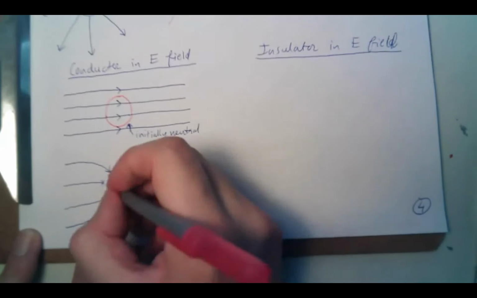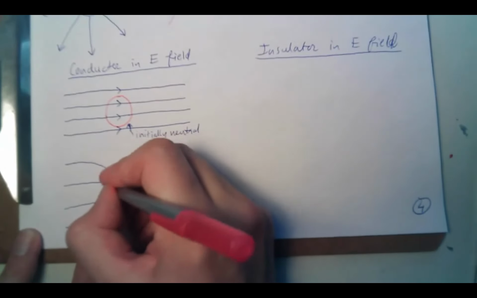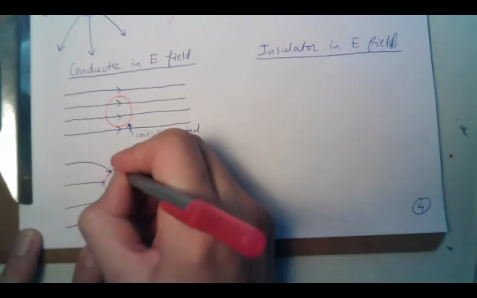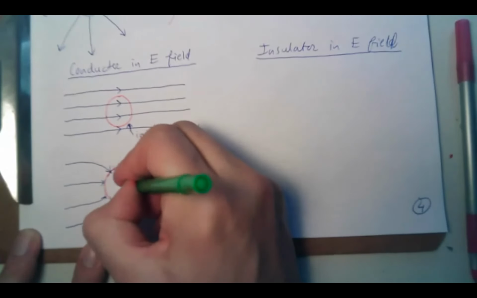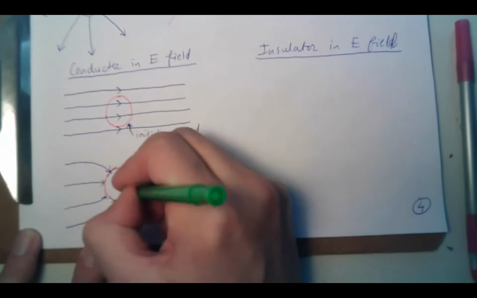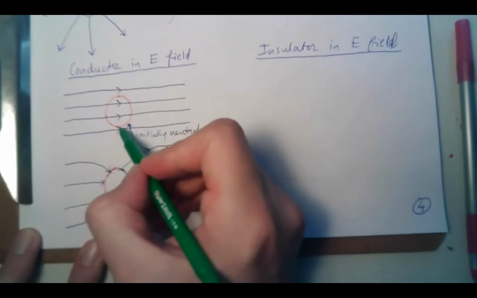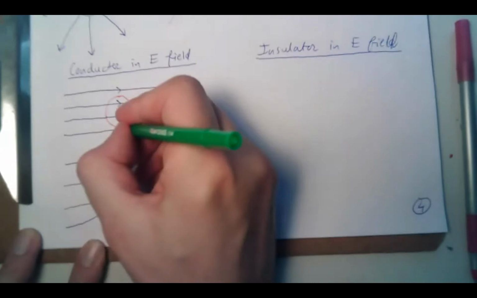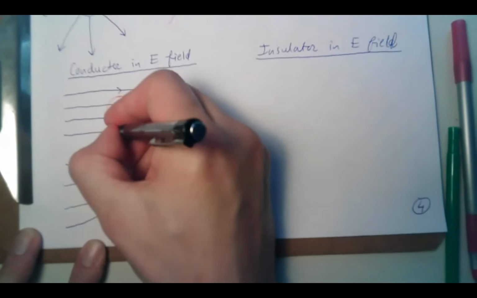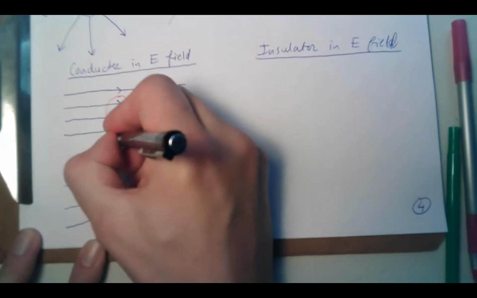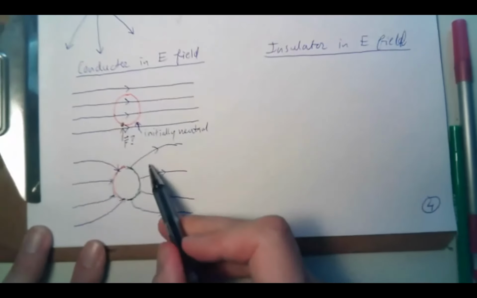That means that this side of the sphere became negatively charged, and this side of the sphere became positively charged. So the positive charges were pulled in this direction, right? So imagine you're a charged object sitting right here, and you ask yourself, what is my force?